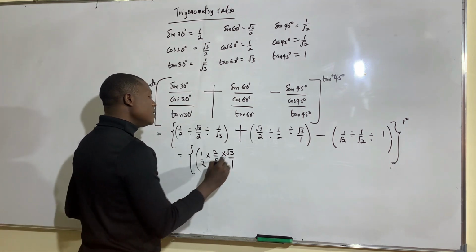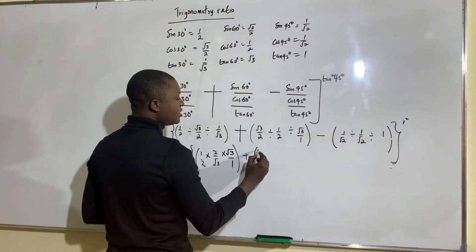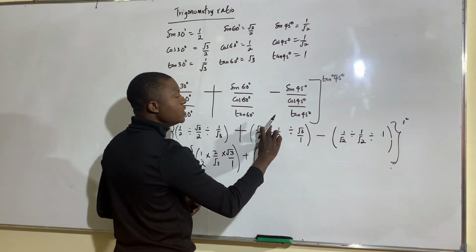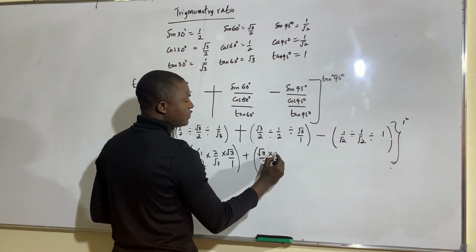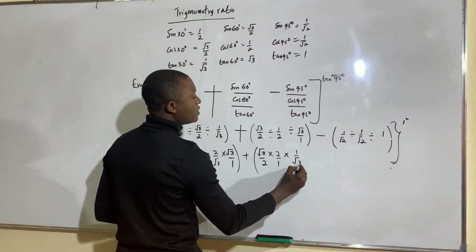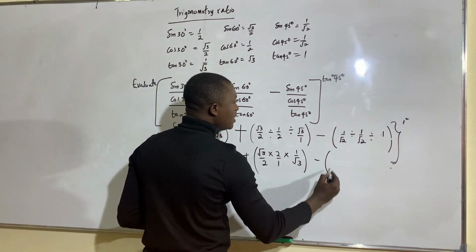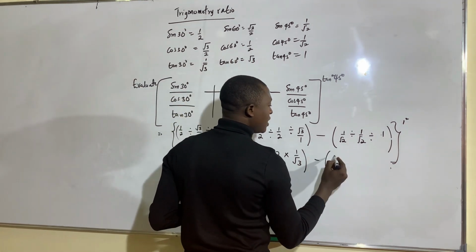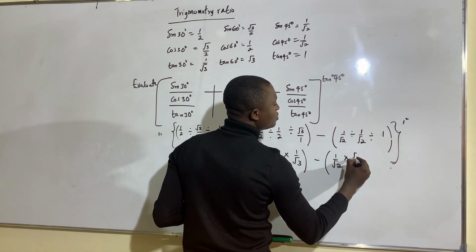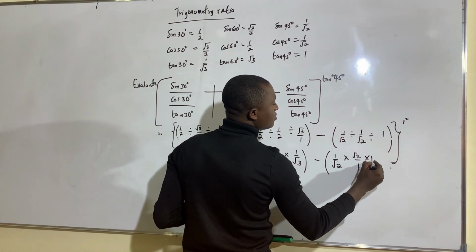Yeah, fine. So the second one we have here as well, the same method as √3/2. Now this is division, so when division changes, we are going to have times 2/1 times 1/√3, right? Then the last one as well, we have 1/2 multiplying by √2/1 multiplied by 1.